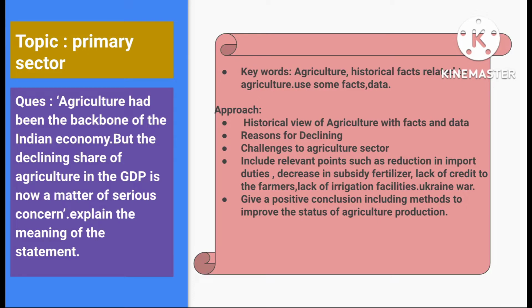While explaining the reasons for the decline, we will give relevant points, such as lack of credit to the farmers, irrigation, and lack of fertilizers, and anything you think is relevant for the declining share of agriculture in the GDP. Okay, so let's look at the sample answer.